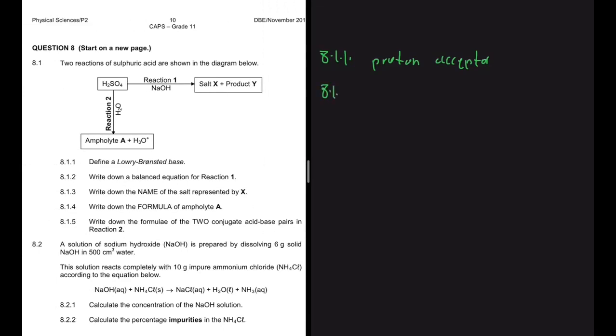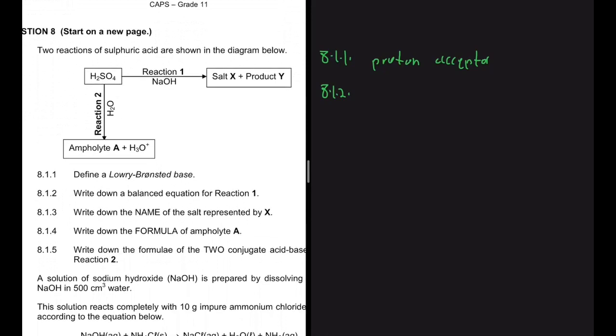And then 8.1.2 says write down a balanced equation for reaction 1. Let's take our attention to reaction 1. In reaction 1, we have sulfuric acid, H2SO4, and NaOH. So we have an acid plus a base, right?